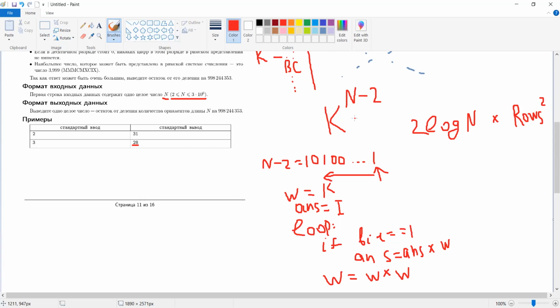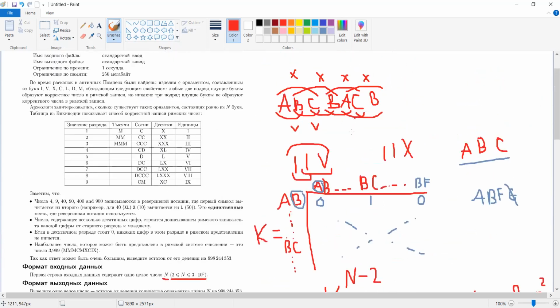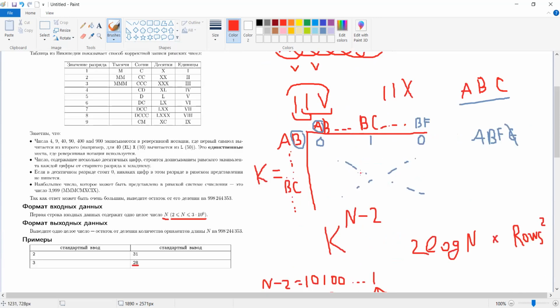So why is the total sum the answer? What does our matrix mean? This matrix means how many paths of length 1 there are from AB to BC, from any vertex to any other vertex.